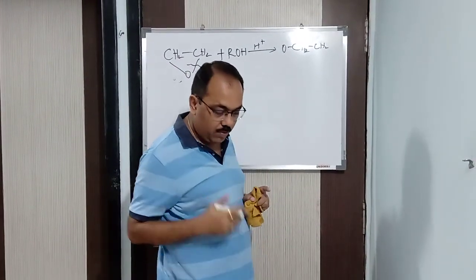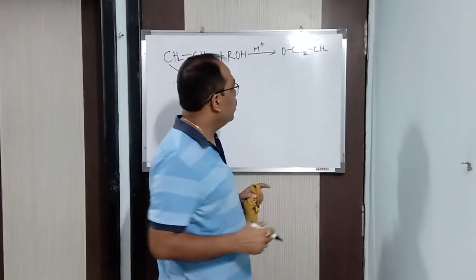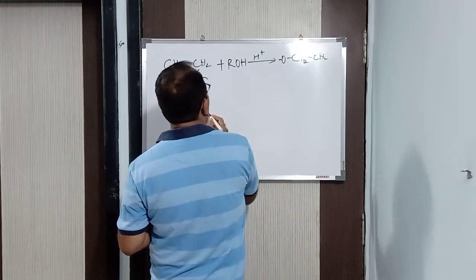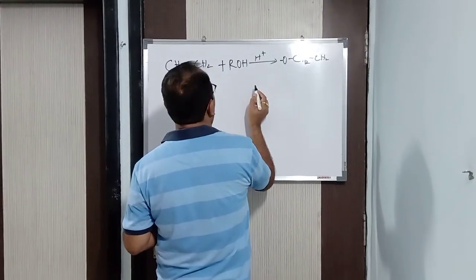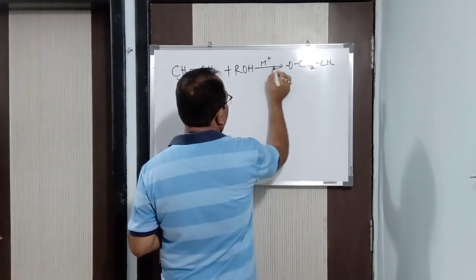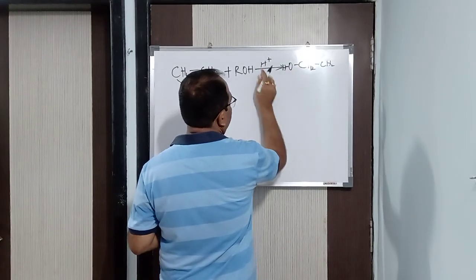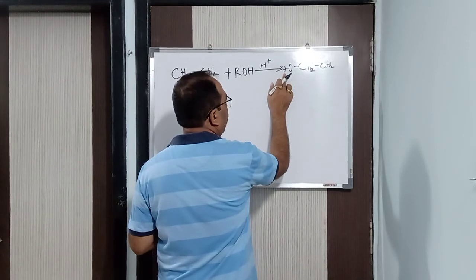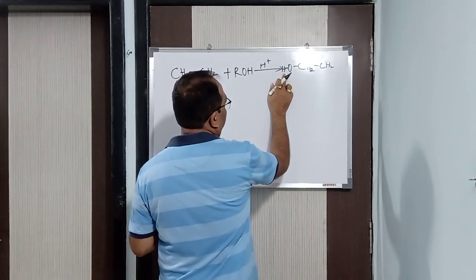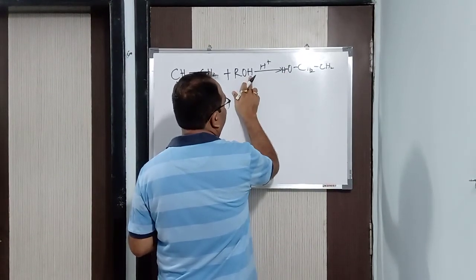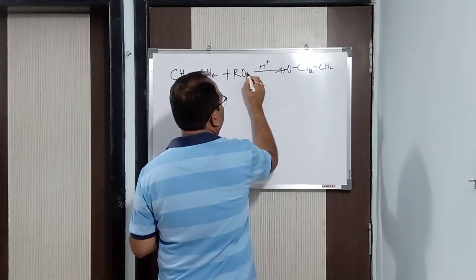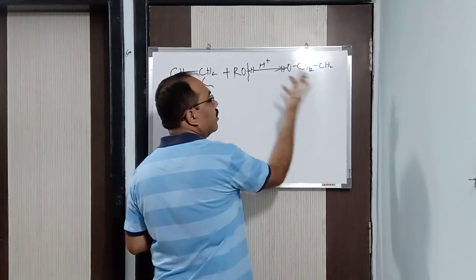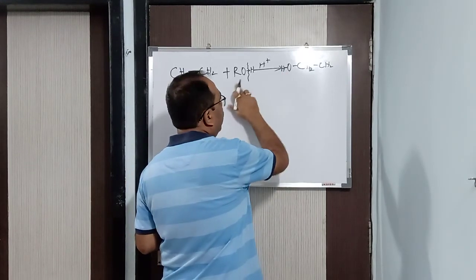Because O is having a single bond, it is not stable. So what is going to happen is that H plus, which you get from the acid, is going to get added here. Or you can say otherwise, from alcohol this cleavage takes place, and H is being added here, as you wish.